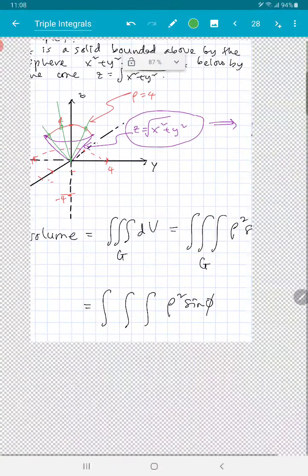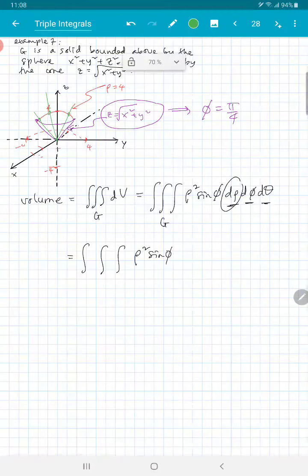So the limits for rho is going to be from the origin, and then it stops on the red sphere, which is governed by the equation rho equals 4. So the limits for rho would be from 0 to 4.